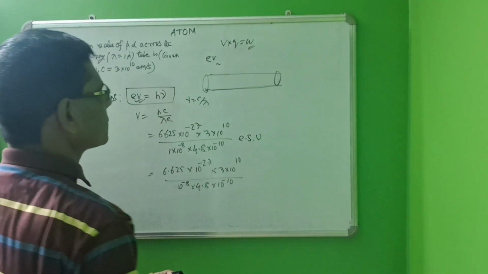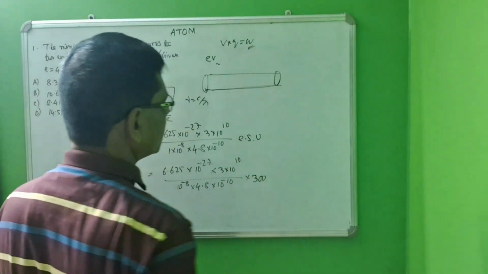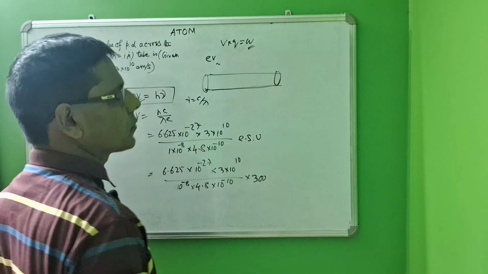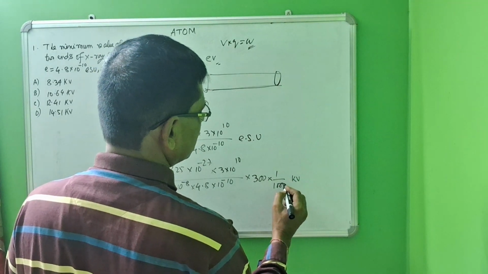So we know 1 ESU equals 300 volt. This is in volt unit, and 1 volt equals 1/1000 kilovolt.